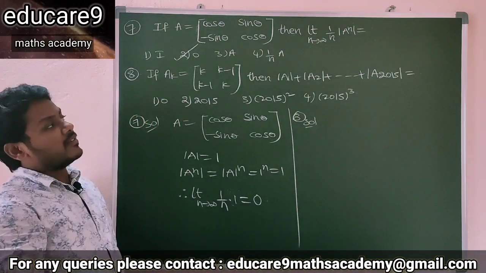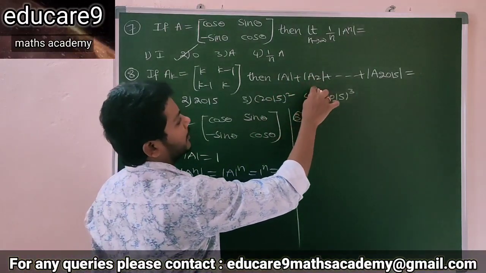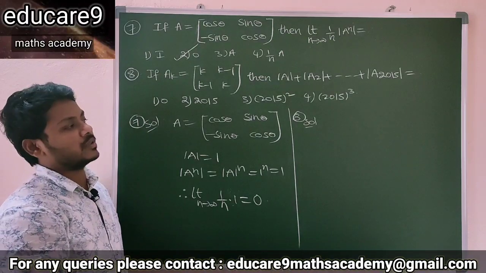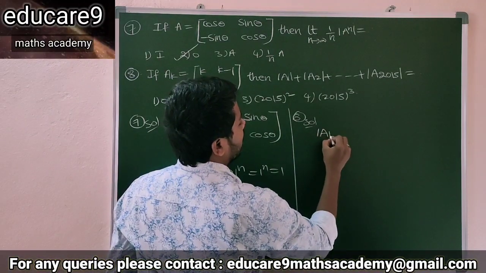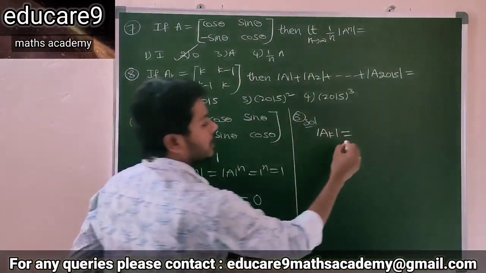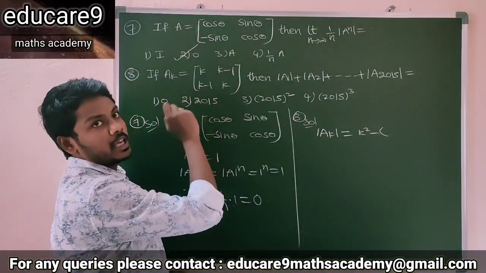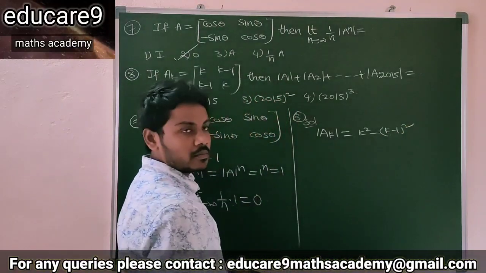Here A_k is given. Then find determinant of A1 plus determinant of A2 and so on up to determinant of A2015. So first find the determinant of A_k, that is k into k square minus (k minus 1) into (k minus 1), that is (k minus 1) whole square.